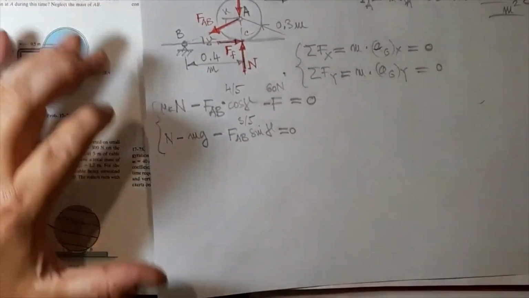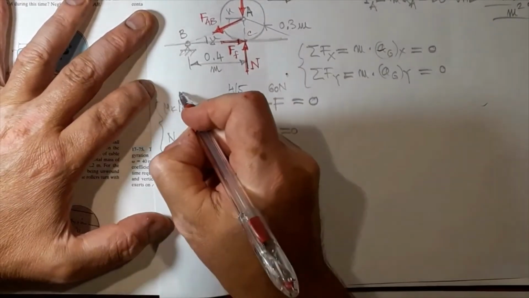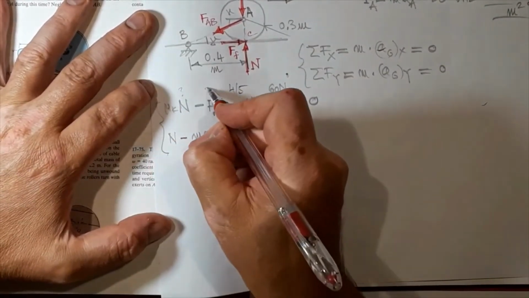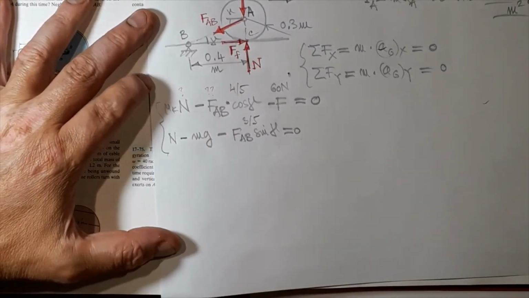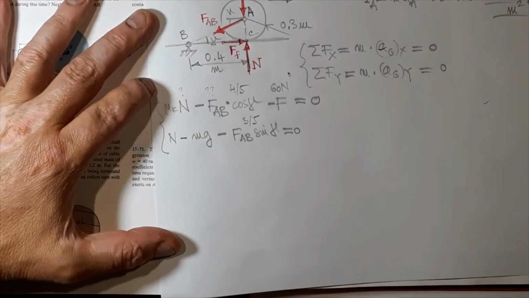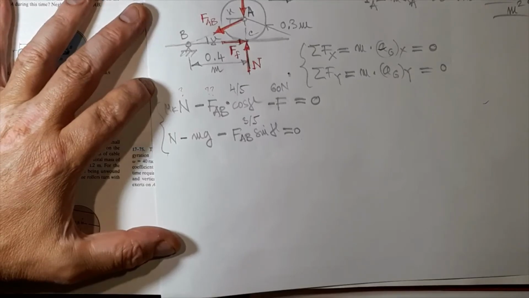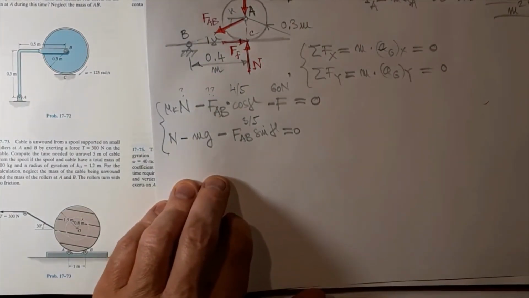Okay, so let's see how many unknowns we have. We have the normal force, that is the first unknown. We have FAB, the second unknown.